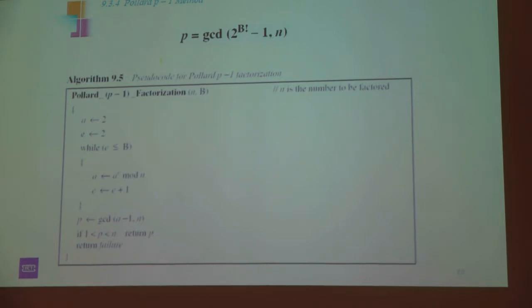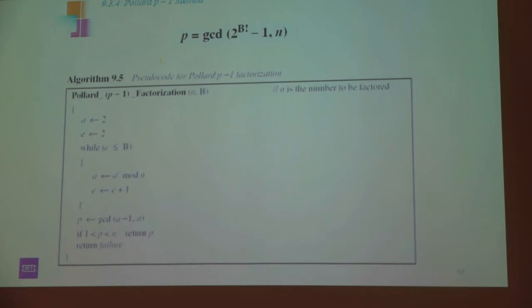So Pollard p minus 1: in 1997 John Pollard developed a method that finds a prime factor p of a number n, based on the condition that p minus 1 has no factor larger than a predefined value b, which is the boundary or the bound.